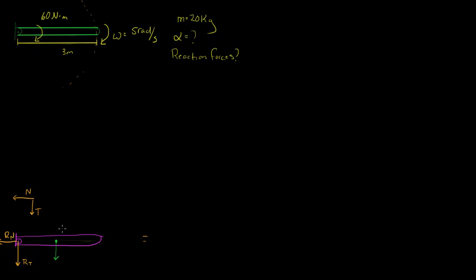And this weight is going to be equal to mass, which is 20, times gravity, which is 9.81. And I also have a moment of 60 Newton meters. So now I've identified all my forces and my moments.